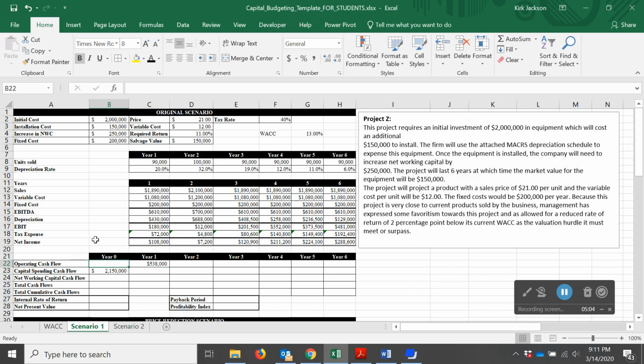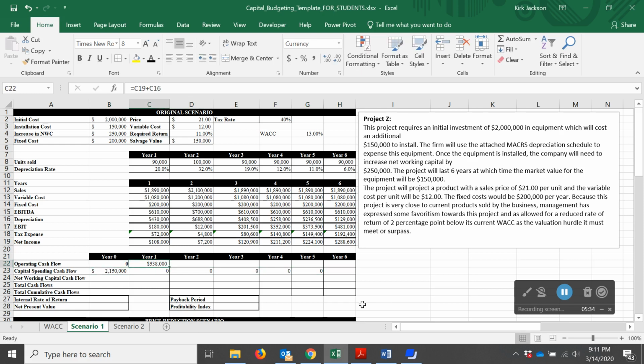There wouldn't be an operational cash flow in year 0 because there's no operations in year 0. And then also, since you've spent all of your capital in year 0, you wouldn't need anything in years 1 through 5. Now there would be the after-tax salvage cost in year 6, and so you would have a value there.